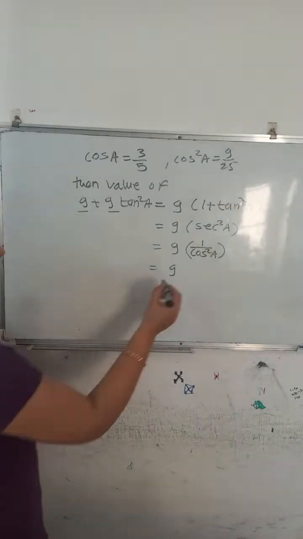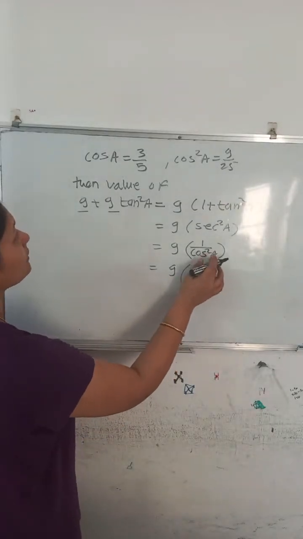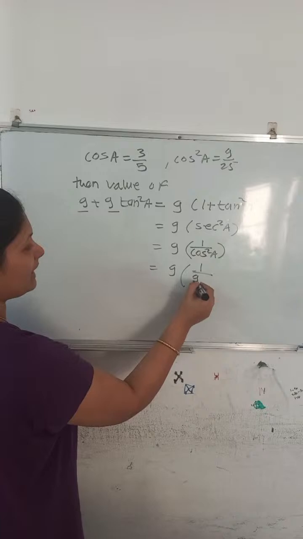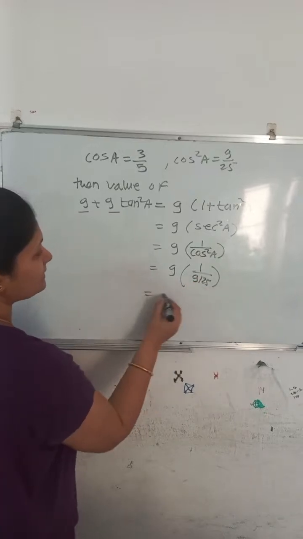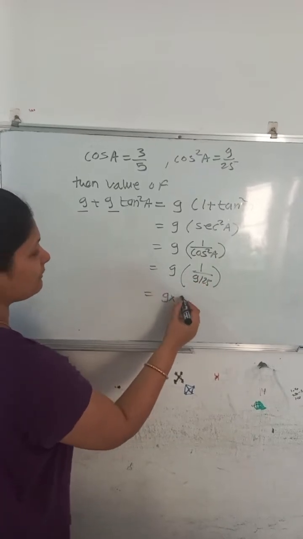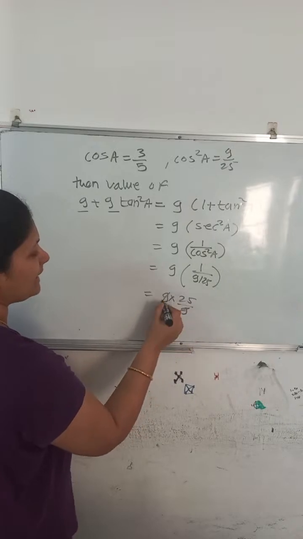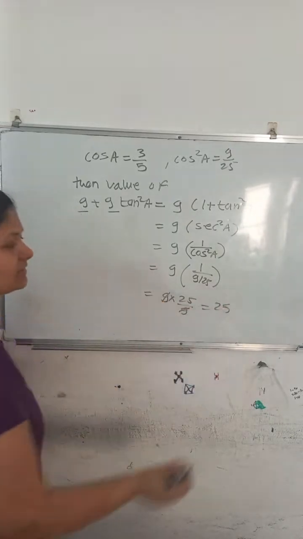So I can substitute 1 upon cos square A, which is the reciprocal, 25 by 9. So 9 gets cancelled and you will get the answer 25.